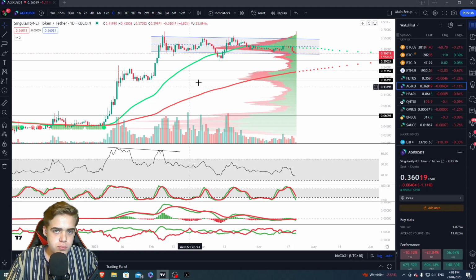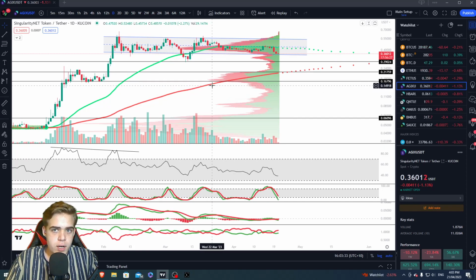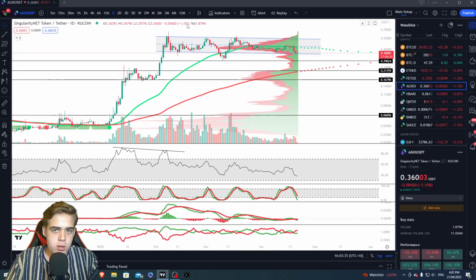So in my opinion, I do believe that this area here, where we've essentially just traded sideways since I posted that last video many weeks ago, is just a massive redistribution area. As you can see by the VPVR, lots of people have been selling and buying throughout this entire area, right?